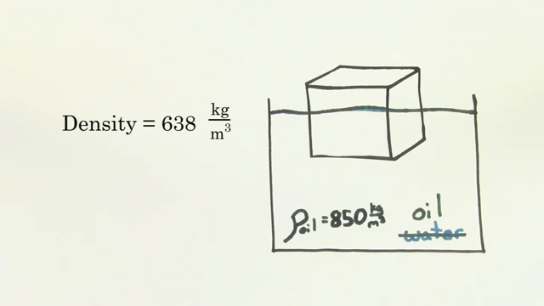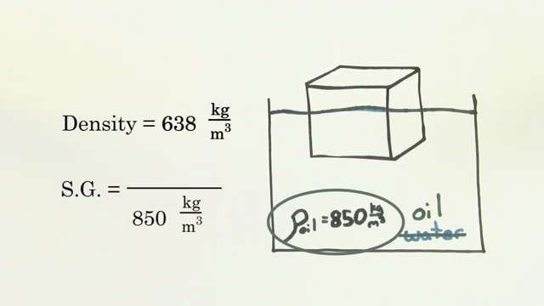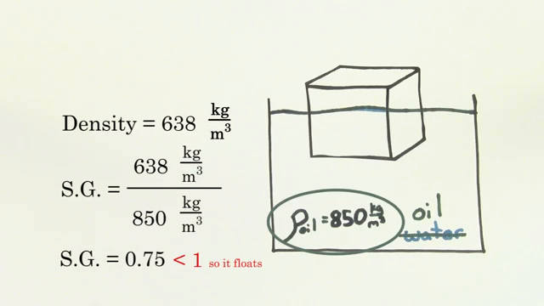Just use the density of oil instead of the density of water in the specific gravity formula. If we do that, we'll find that the wood does float in this oil, with 75% of the wood's volume submerged beneath the surface of the oil.